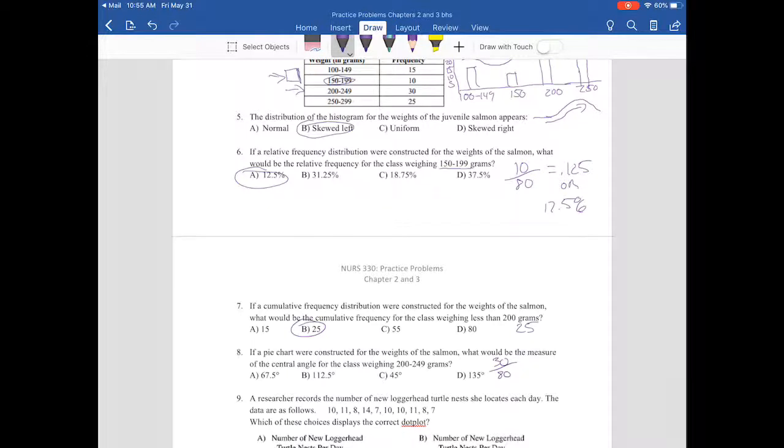So 30 over 80 is going to equal 0.375 or 37.5%. So we want to know, of a circle, how much is the interior angle of 37.5%. The way we find that out is 0.375 times 360 is going to equal 135, which is 135 degrees, D.